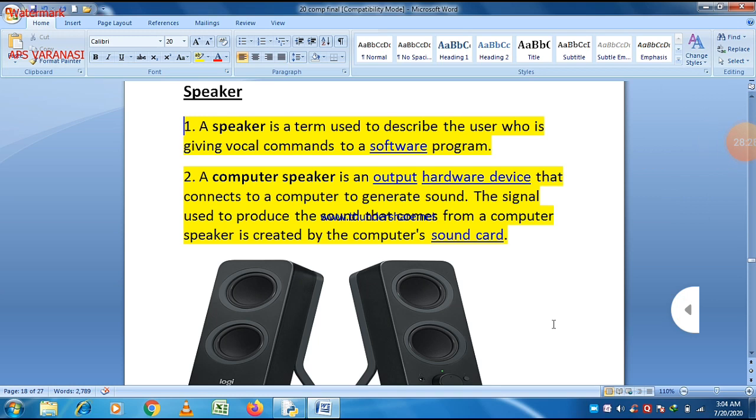So first of all, just make a table, and on one side you can write all input devices, and on another side you can write all output devices. And just learn the concept in your mind, what is the basic functionality of each and every input and output device. So regarding examination, as I told you, questions are asked regarding the functionality, regarding the types, and related to the full forms also.